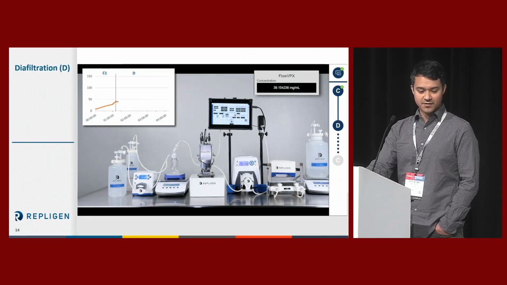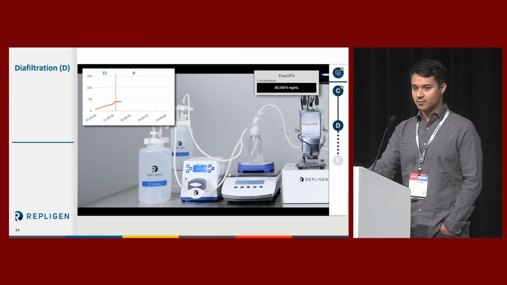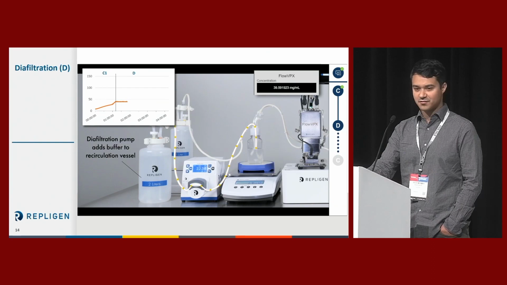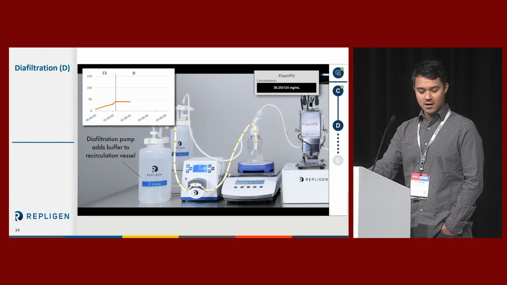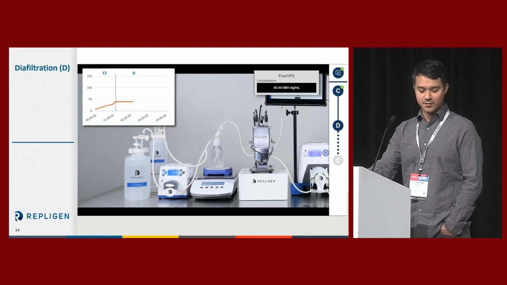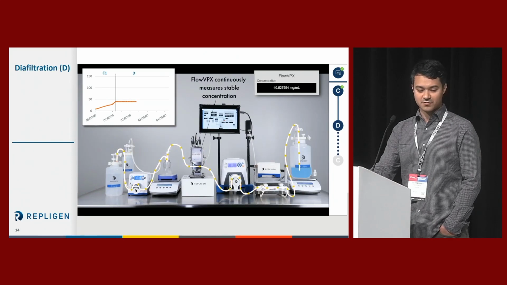Next, in the diafiltration stage, the concentration is of course maintained. There's a diafiltration pump that is adding additional buffer into the line that maintains constant volume, and we can see that that concentration is held steady, and the FlowVPX measures that as the number of diavolumes is reached.